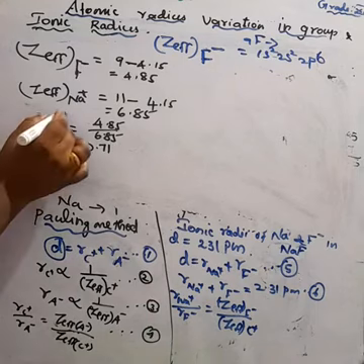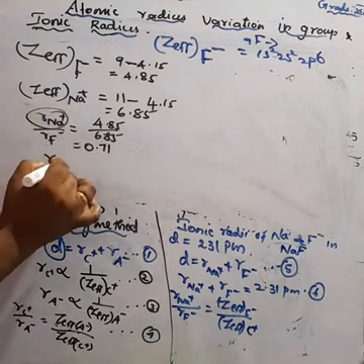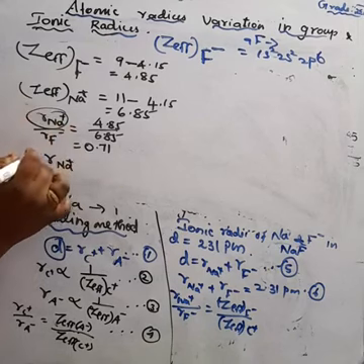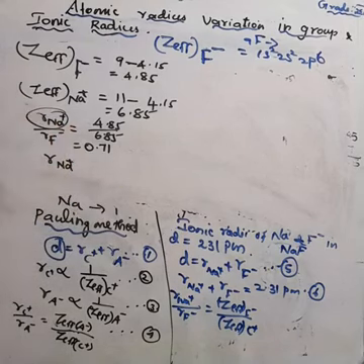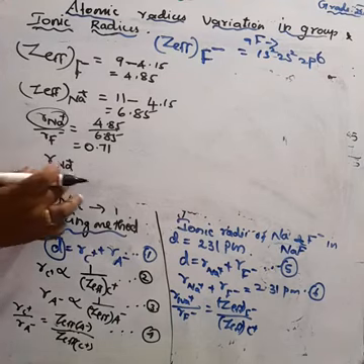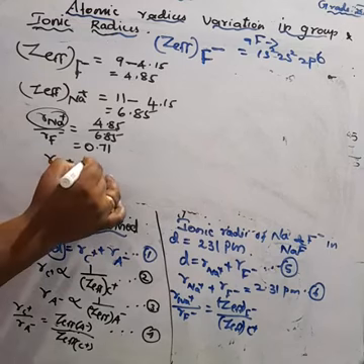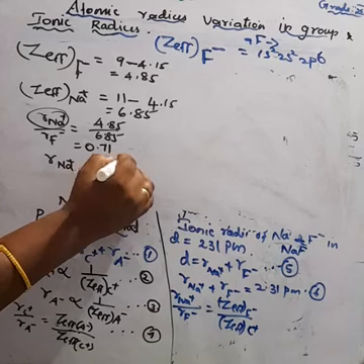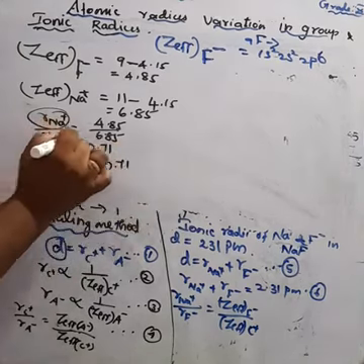We have to calculate the sodium ion and fluoride ion radius. Because of that, we take the radius of the cation out, so we get R Na+ is equal to 0.71 into R F-. Understood?